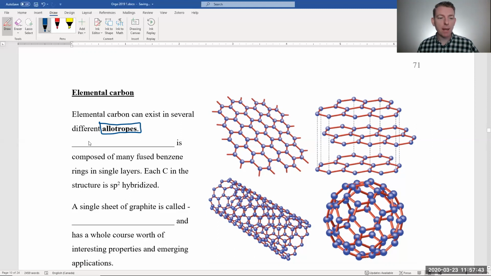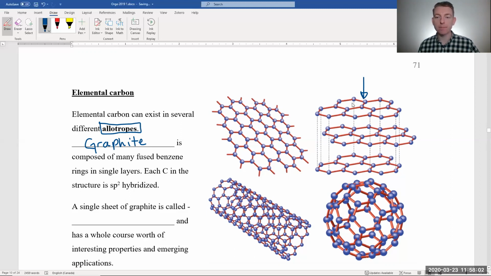So the main one that most carbon on Earth is found as is just graphite, which is this guy right here. So stacked layers of fused benzene rings.